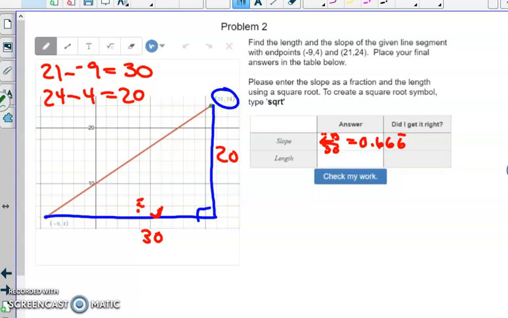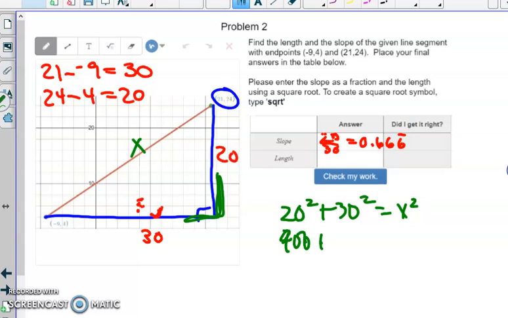And then for the Pythagorean theorem, this is the right angle here, so that's going to be our two smaller areas. 20 squared plus 30 squared is equal to hypotenuse squared. So this would be 400 plus 900. X squared is equal to 1300.